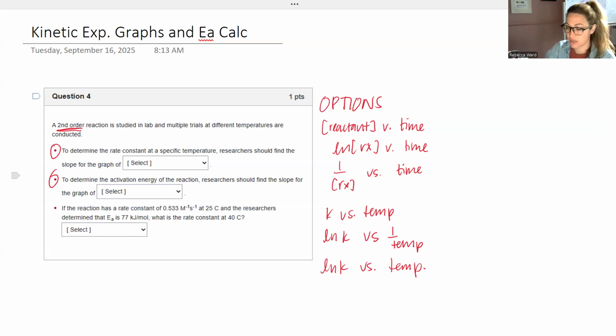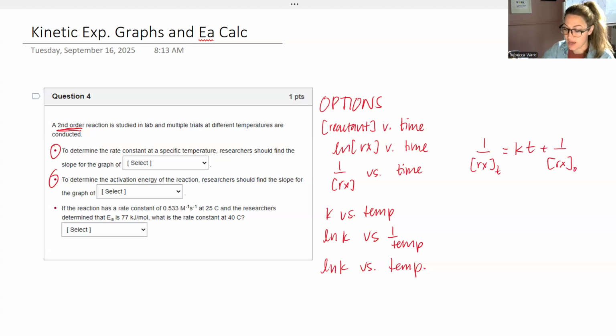The second order integrated rate law is 1 over the concentration of our reactant at any time t equals K times t plus 1 over the concentration of the reactant at the initial time point, our initial concentration.